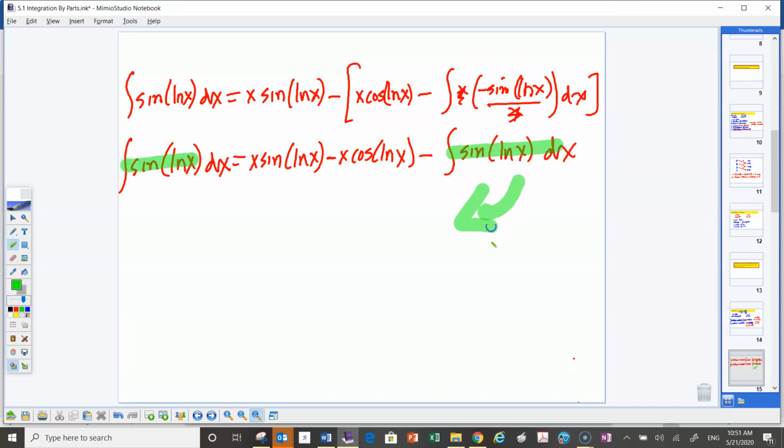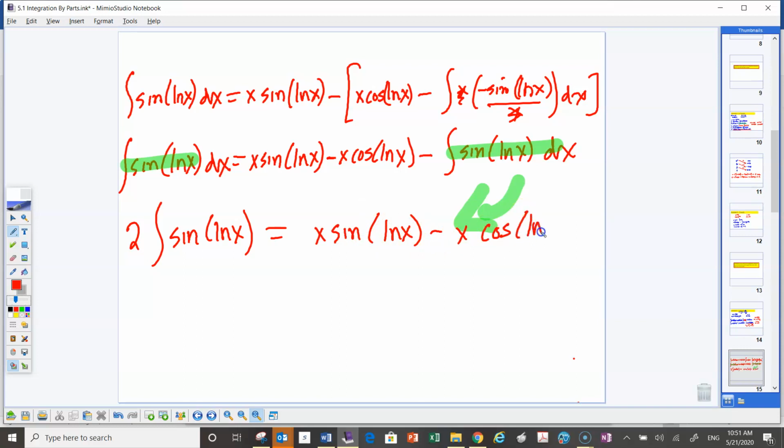So I'm going to add that to the other side of the equal sign. So I'm going to get 2 integrals of sine ln x equal to x sine ln x minus x cos ln x.